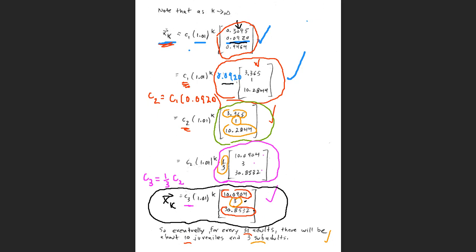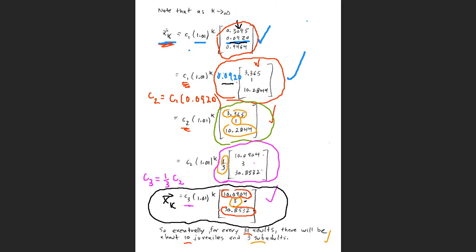So in other words, why do you think? So there's, okay, 10 juveniles. Over the long run, let me just see here, time here is in years.